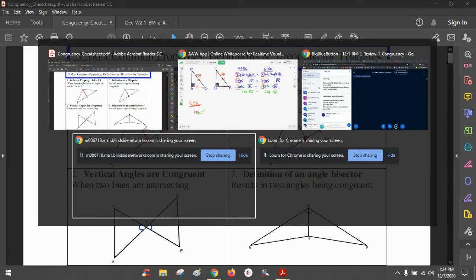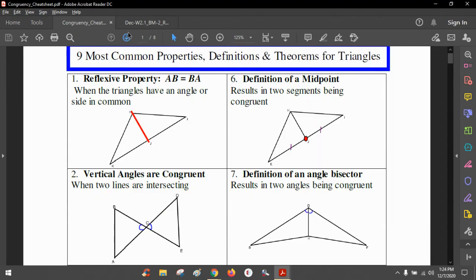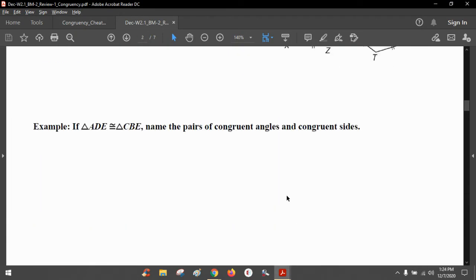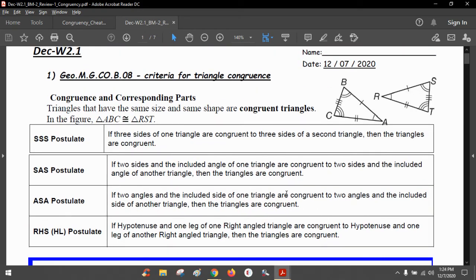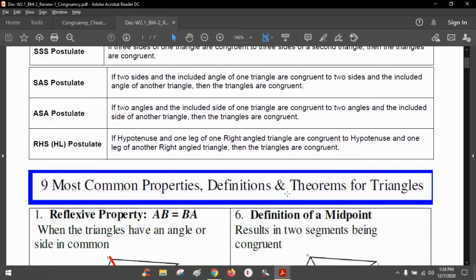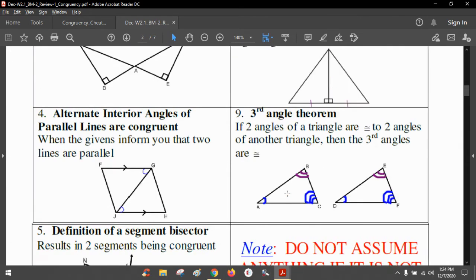My apologies. Let me jump back to the worksheet again. Yes, here is my worksheet. In the beginning, you see what congruency is and what these postulates are: SSS, SAS, ASA, and RHS. And already I mentioned that there are 9 points.